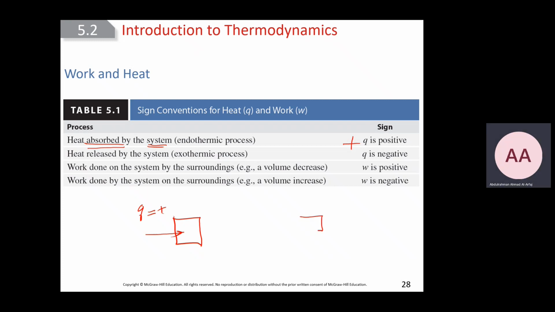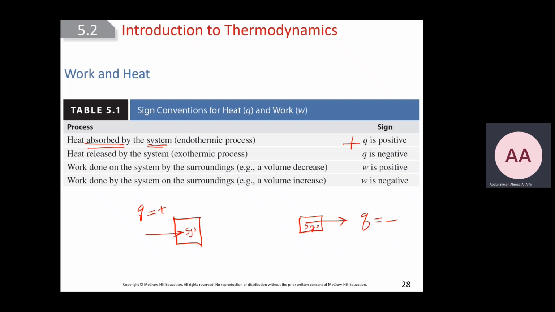If the system gives off heat, from the system to the surrounding, then Q will be negative. And if it's again from the surrounding to the system, then it will be positive.